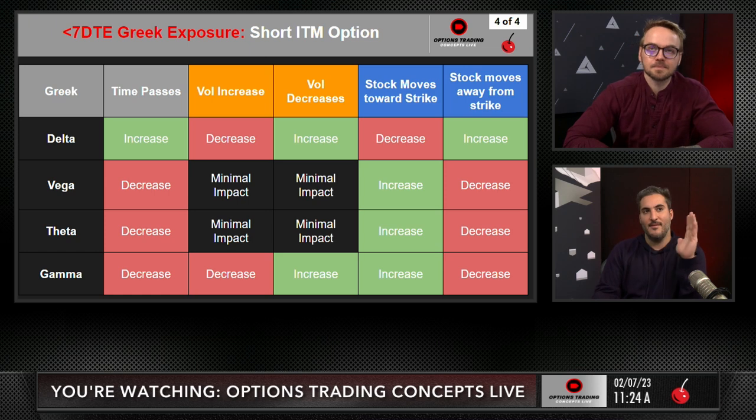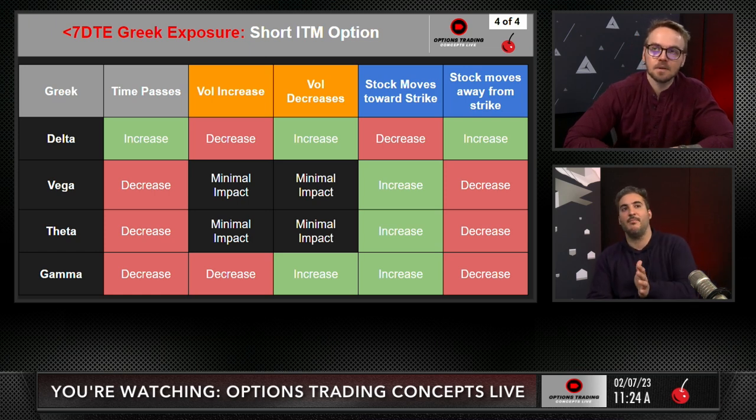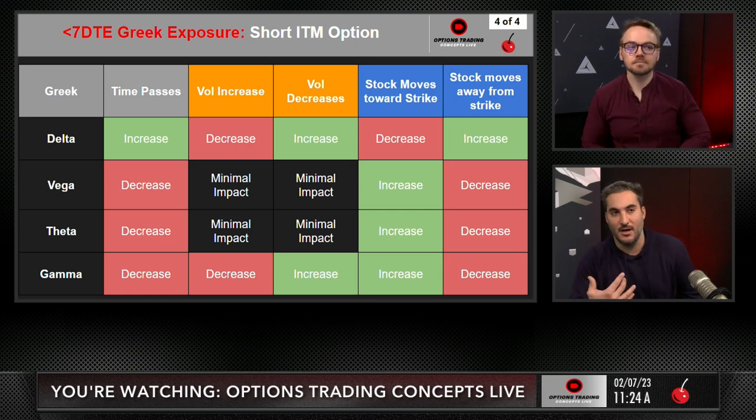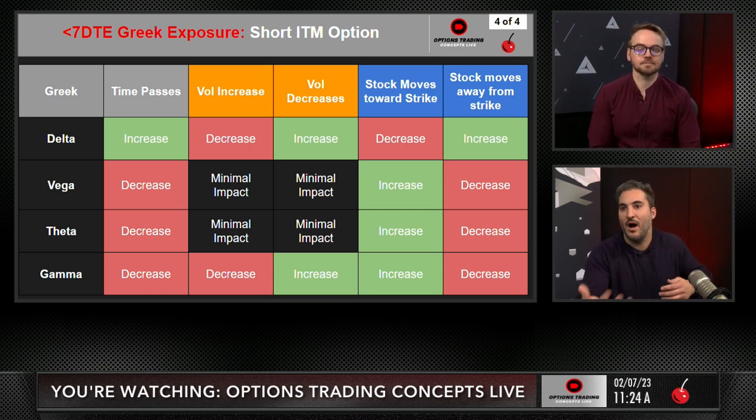So instead of having 100 deltas into that move, you might have 100 deltas and then the next dollar you have 90 deltas and the next dollar you have 80 deltas. So you actually lose deltas in the direction that you want the stock to go. And that's kind of counterintuitive to what you want for that position.